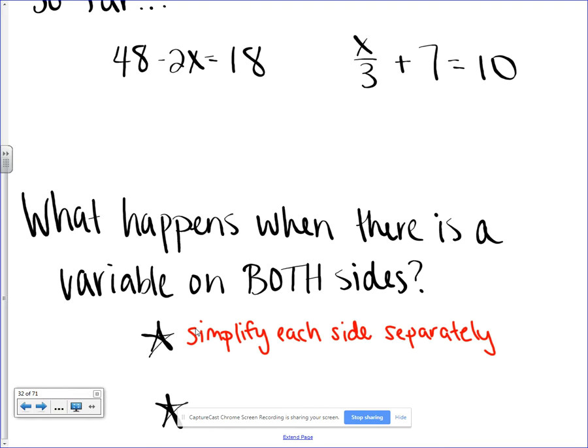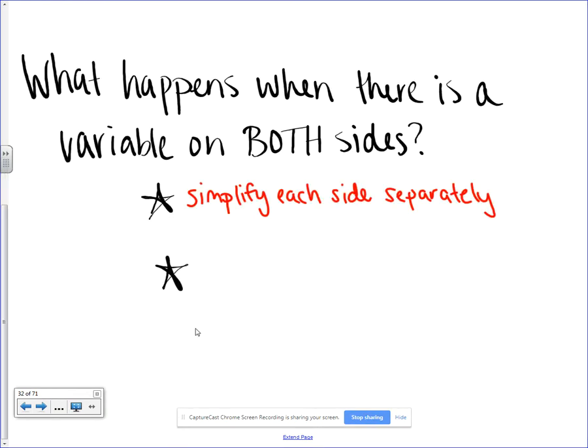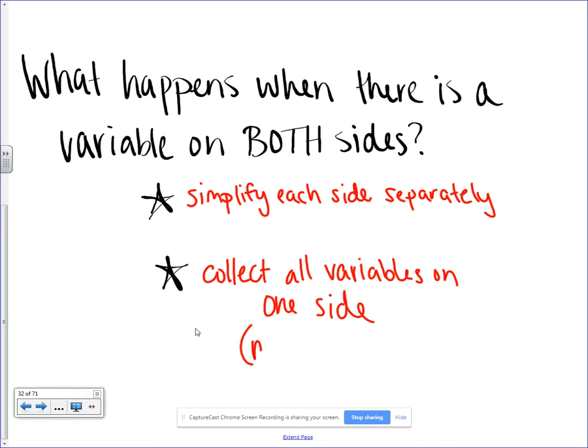Can I combine anything? Look at the right. Can I distribute? Can I combine anything? Once you've accomplished that, then you will collect all variables on one side. I typically tell students to move the smaller variable over. There's going to be less error with positives and negatives if you do that.